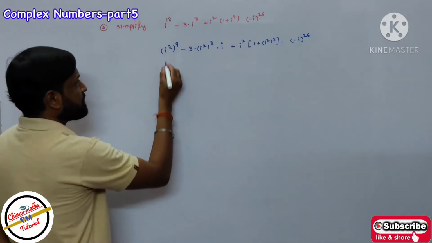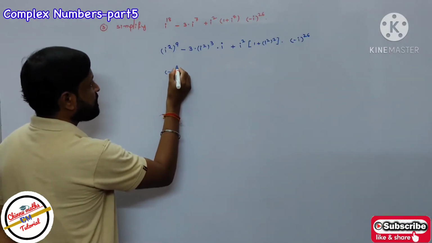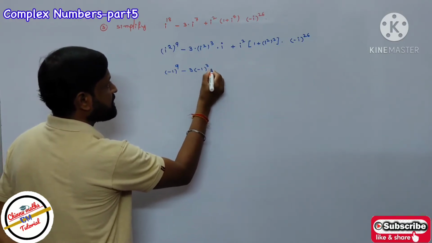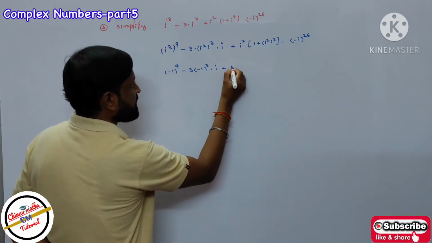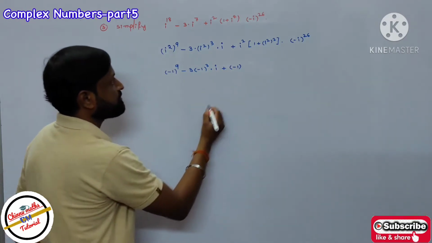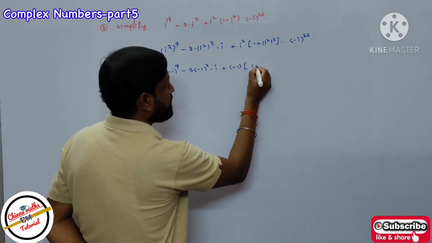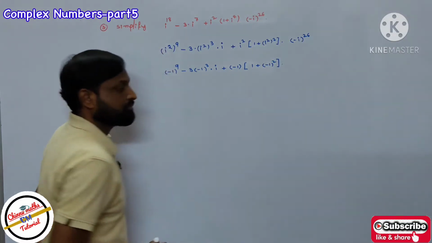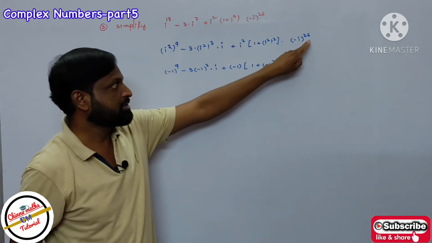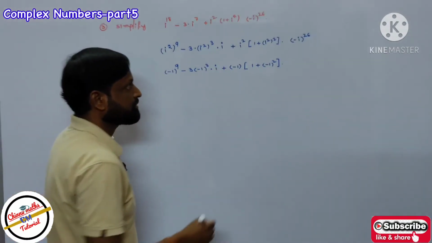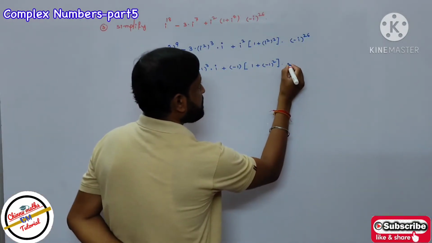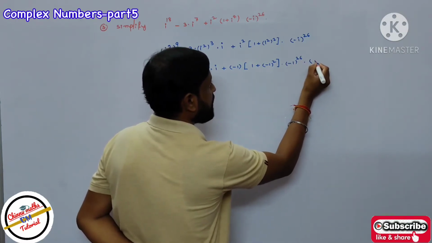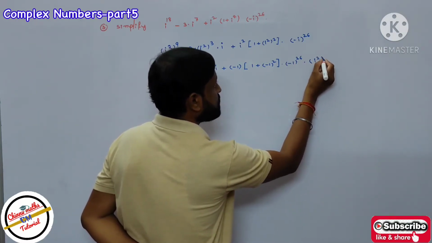Next, i square value is equal to minus 1 power of 9 plus 3 into minus 1 power of 3 into i plus i square value is equal to minus 1. So 1 plus minus 1 to the power of 2. Here minus i power of 26 can be written as minus of 1 to the power of 26 into i to the power of 2 to the power of 13.